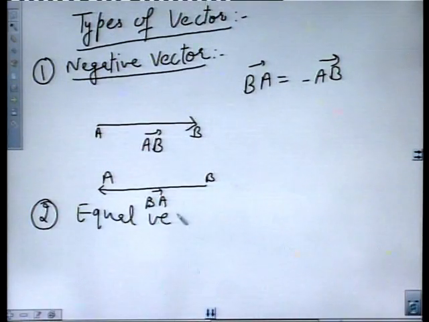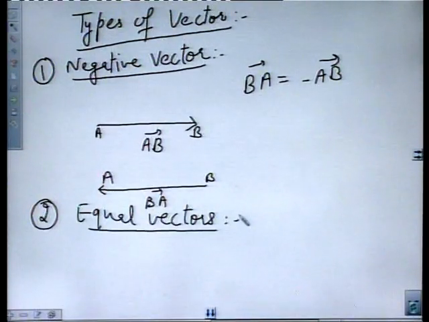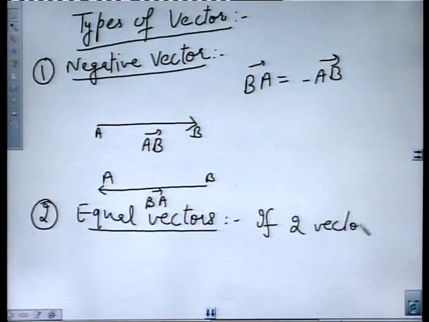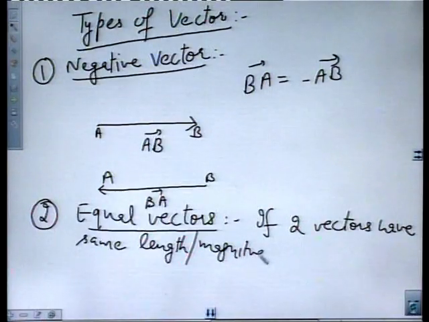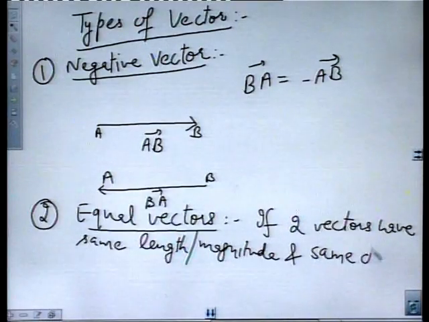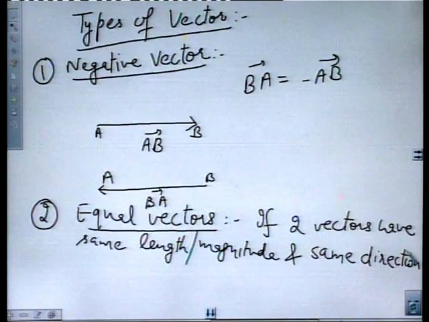Now the second is equal vectors. Two vectors are said to be equal if they have same length or magnitude and same direction.